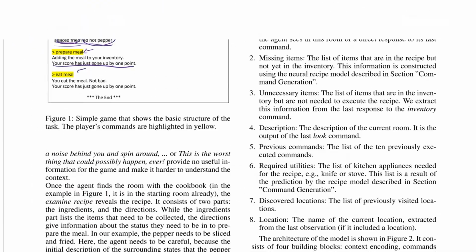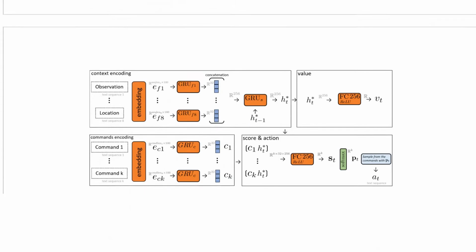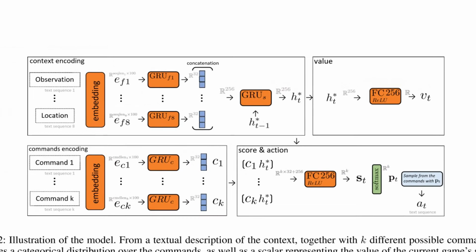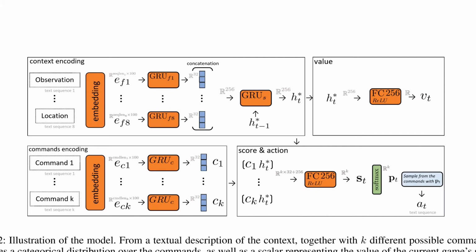This paper basically does the following, and we are going here from high level to low level. On the highest level, it's a reinforcement learning agent, and that is sort of how you would imagine an RL agent to work.